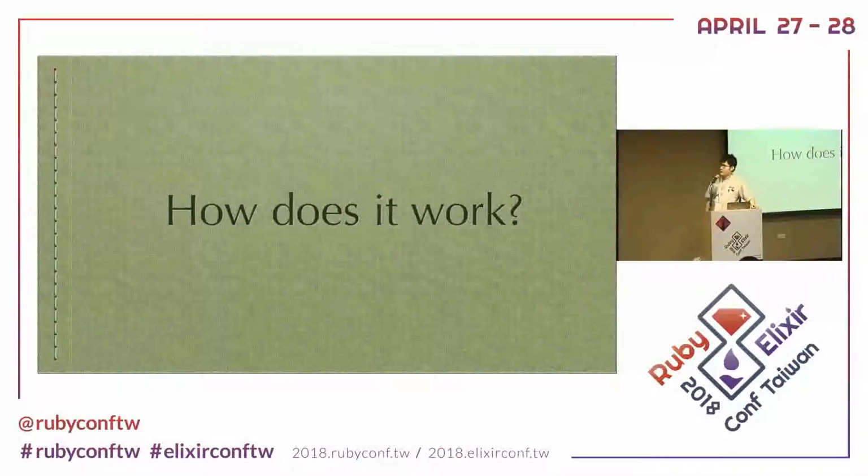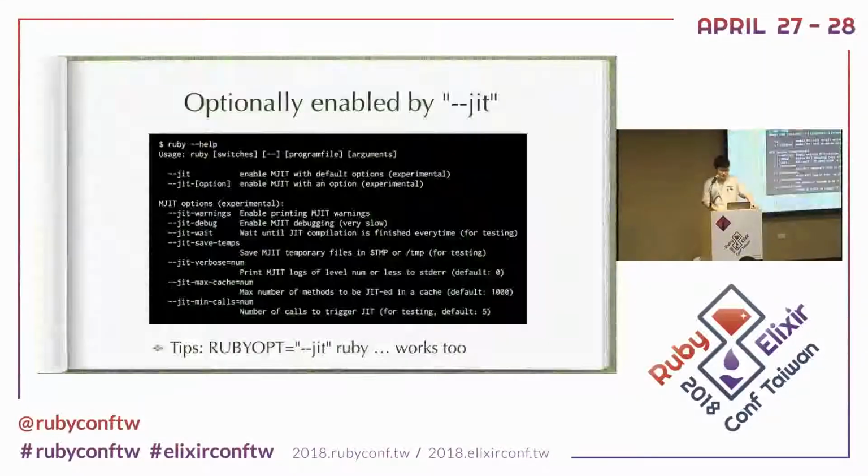So probably you want to know how to use it. You can see how to use the option in ruby --help. Usually you only need to use --jit. That's it. You can see many options in the help, but most of them are for me.